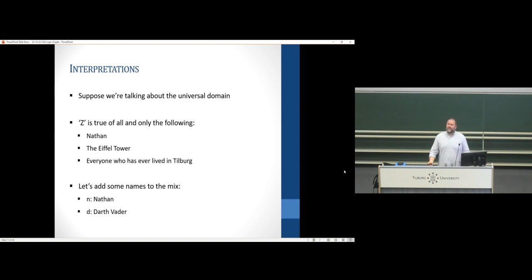How about Zn? Is n in the extension of the predicate? Yeah. We already have how to make these atomic formulas true: you look to see whether the thing named is in the extension of the associated predicate. If it is, it's true. If it's not, it's false.